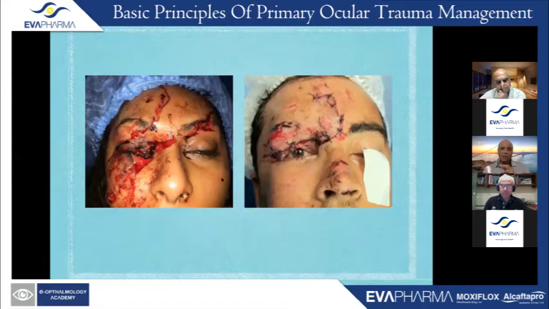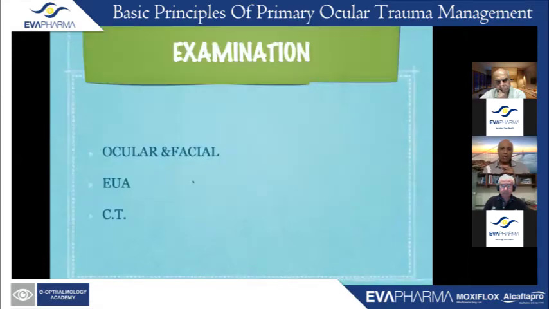So first of all, you have to examine not only the eye, but ocular and facial. Sometimes you need to examine the patient under anesthesia, because sometimes the patient comes to you in severe pain, panicking with his family or friends, and you cannot examine the patient in a proper way.